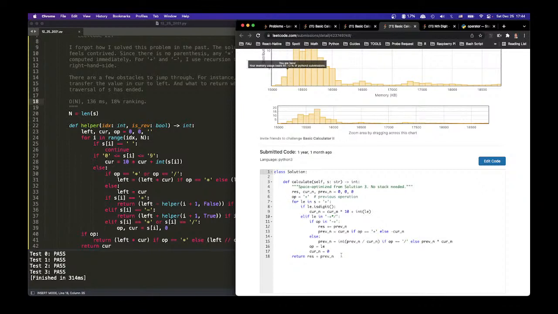Alright, let me go through this one more time. So we go through one by one, right? We get the current value, and now we hit the first value, plus or minus. And when we hit it, we add the previous one to the result, and the previous one will equal the current one if the operator is a plus sign, or a negative value if it's a negative sign.